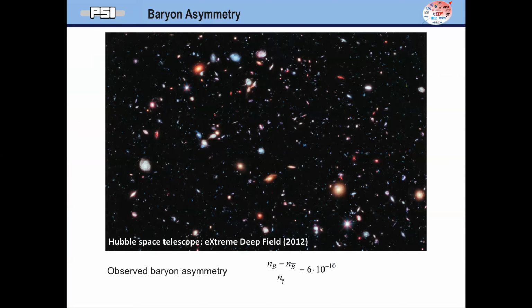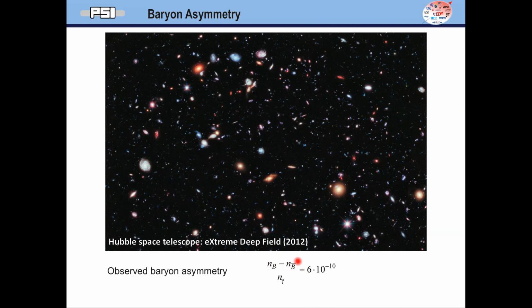The fundamental reason why we are interested in that is the baryon asymmetry. Baryon asymmetry measures how much matter and antimatter there is, where NB and NB dash are the number of matter and antimatter particles in the universe.